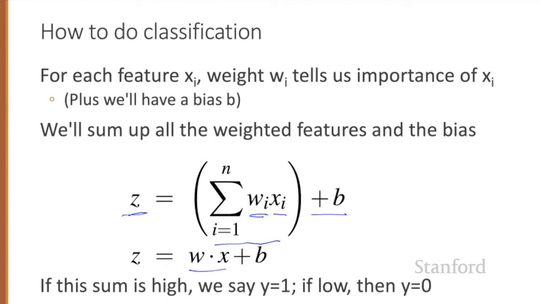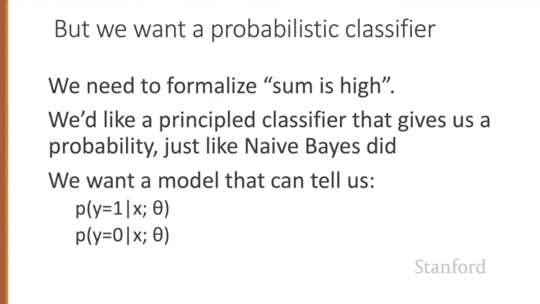So we're going to compute this sum z, w dot x plus b, and if it's high, we'll say, yep, this is a positive class. This is positive sentiment, let's say. And if w dot x plus b is low, if z is low, then we'll say that it's the negative class, y equals 0. Our goal, however, is a probabilistic classifier. We'd like to formalize this idea of if the sum is high that I mentioned on the previous slide.